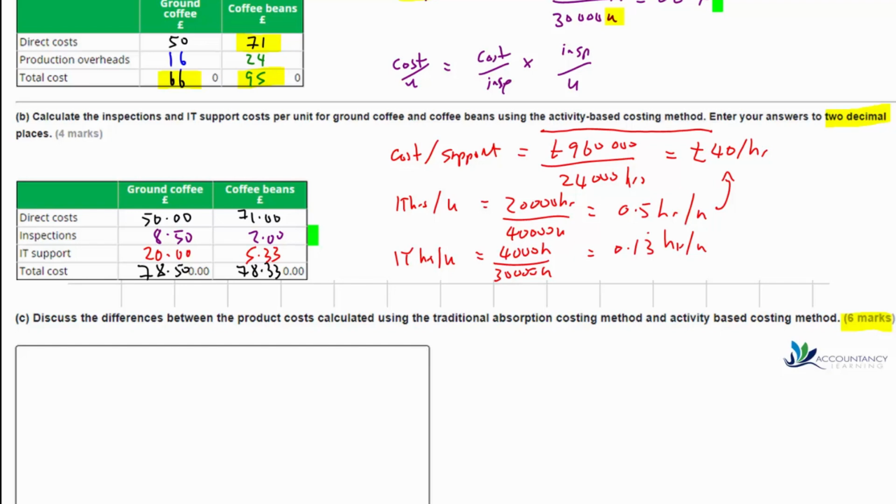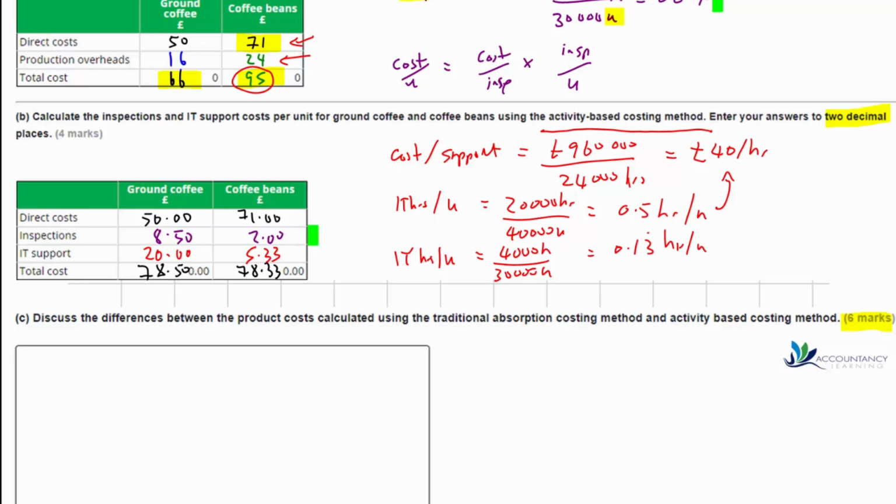And remember, for the traditional absorption costing, because it was more labor intensive, we used labor hours as the basis for our absorption. So the extra cost of labor in direct costs also means that we absorb more costs for our overheads as well. So yes, that's why we have a significantly higher cost for our coffee beans.